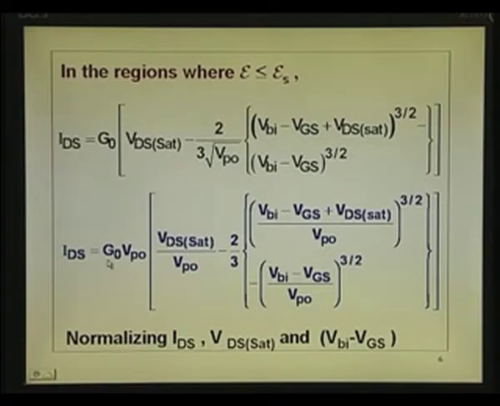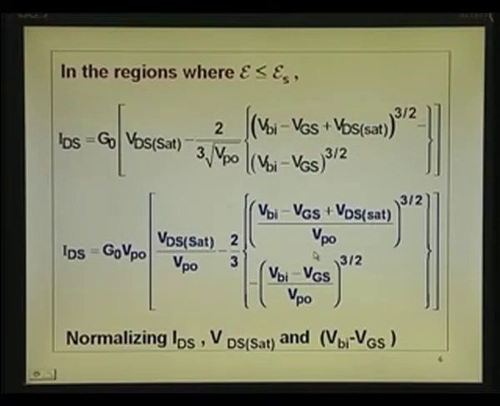So, I take inside also divide by V p 0, multiply divide. So, you get V t sat by V p 0 and 2 by 3 V p 0 to the power 3 by 2, because this is pulled inside. See, I have multiplied here by V p 0, I have to divide everywhere by V p 0.